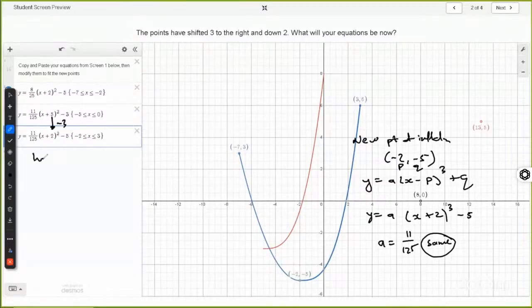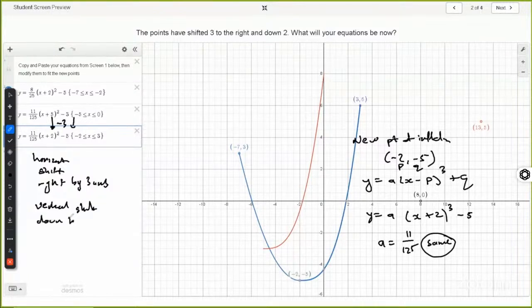Even though we're at -3, there's a horizontal shift right by 3 units, and vertical shift down by 2 units. And that would be the translations. You can mention that as well. These are translations that we want to have from there.